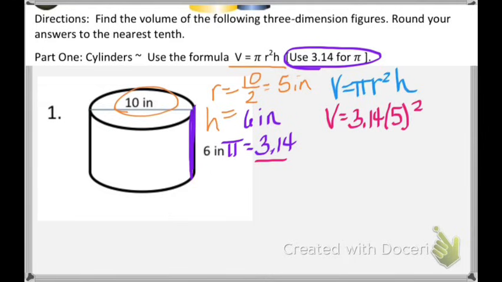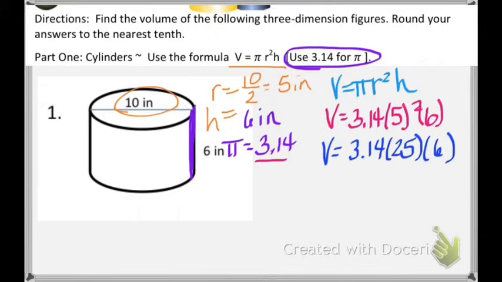And then we're going to have h, which is 6. Okay, so we're going to multiply all of that together. Well, if we do this in small pieces, we'll have 3.14, 5 squared is 25, times 6. So if you plug all that into your calculator, the product that you get is that the volume equals 471.